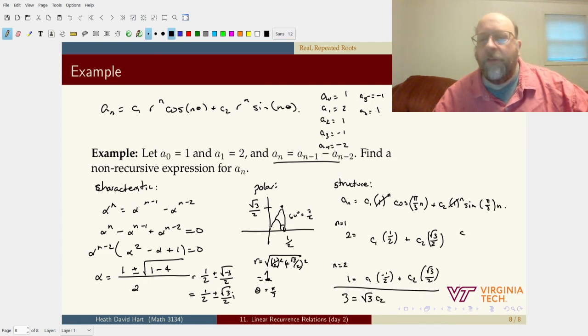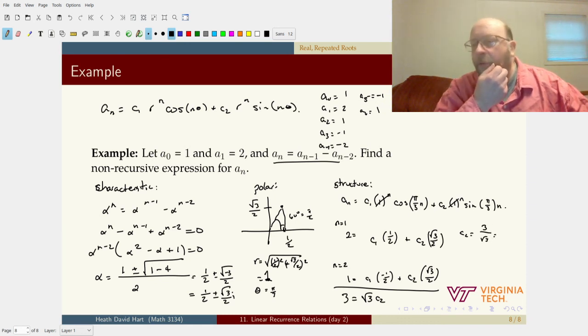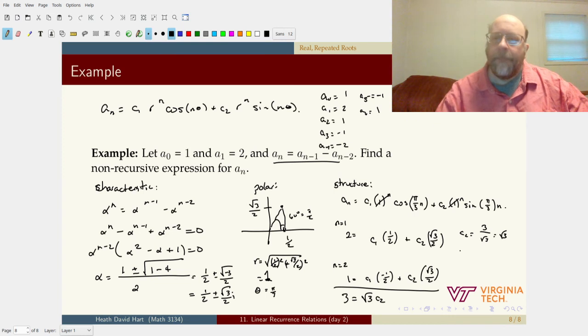And so c2 is going to be 3 over root 3, which is the same thing as, if I multiply by root 3 over root 3, just equal to root 3. Now that I know what c2 is, I can go back and solve for c1.